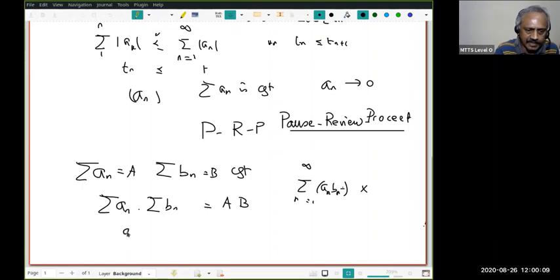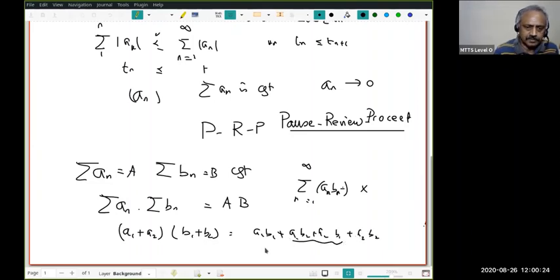Because if it's a finite series, let's say a_1 plus a_2 and b_1 plus b_2, this product will be a_1 b_1 plus a_1 b_2 plus a_2 b_1 plus a_2 b_2. There are extra terms, not only a_1 b_1 and a_2 b_2. So we have to define the product of two infinite series a little more carefully. Is that understood?